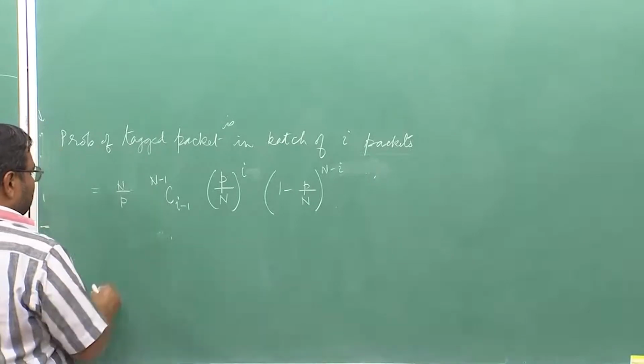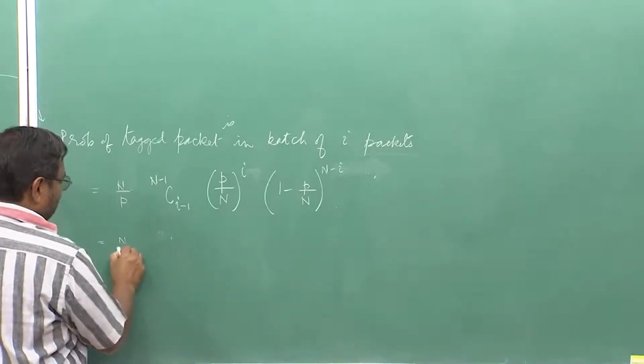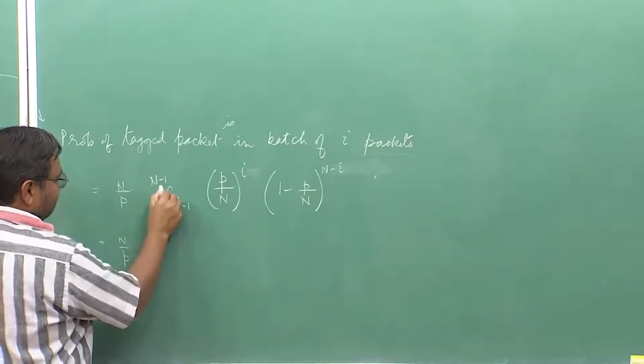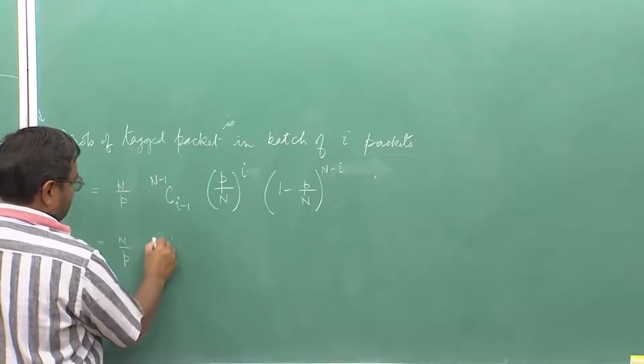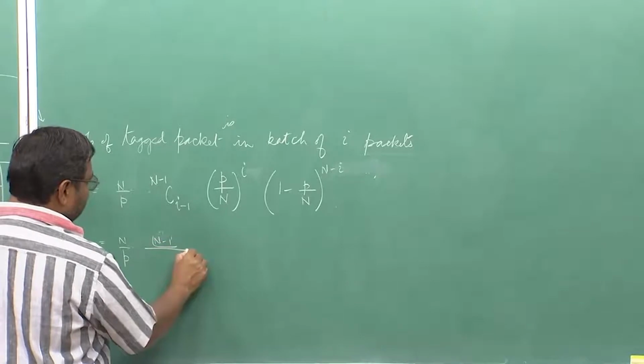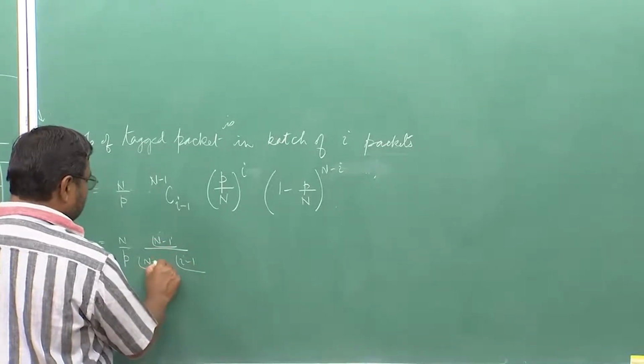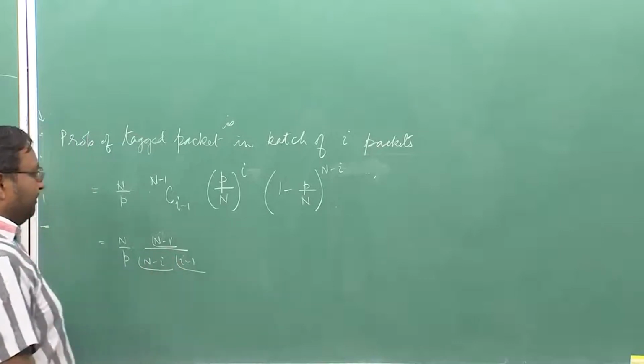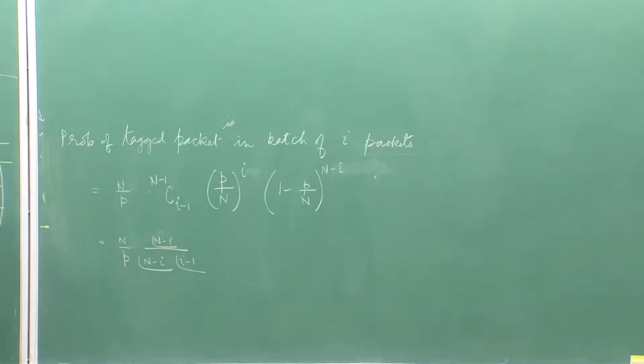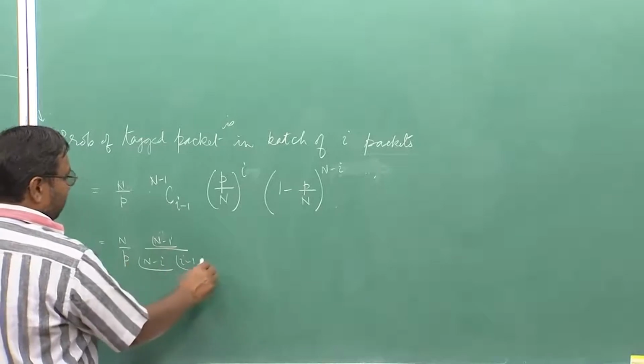So, now what I have to do is n by p, and I can take n minus 1 factorial, I minus 1 factorial, n minus I. I can take this n into n minus 1 factorial.